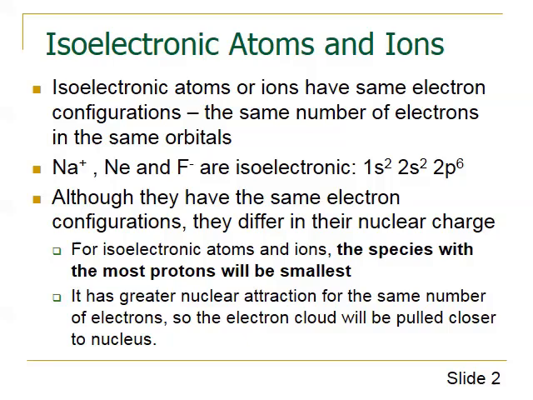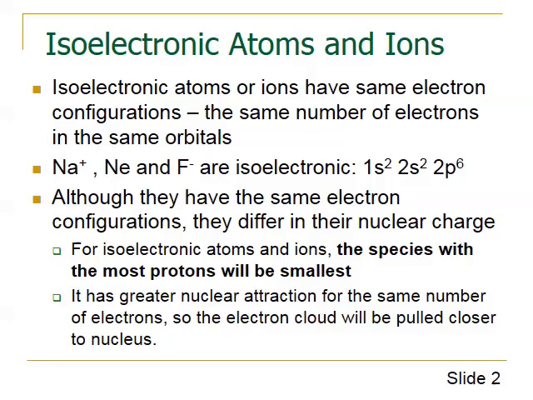The species that has the most protons, in that case sodium, is going to be the smallest, because the sodium with more protons is going to attract its electron cloud more strongly. So neon would be the second smallest, and fluoride, which had the fewest protons, would be the largest of those three. So when you have greater nuclear charge, you have greater attraction for your electrons. That pulls the electron cloud closer. The atom's radius gets smaller.